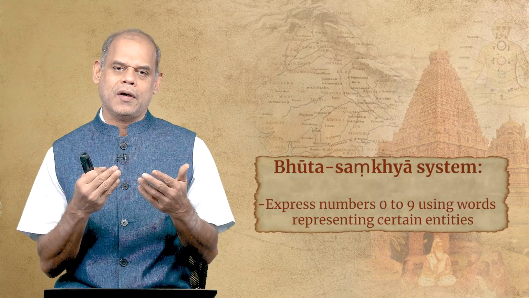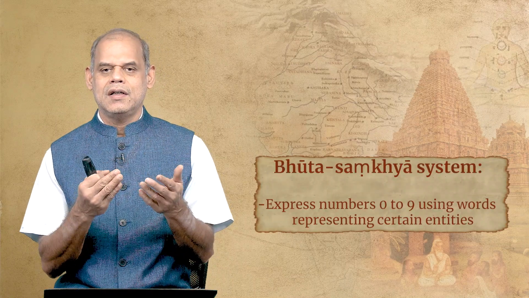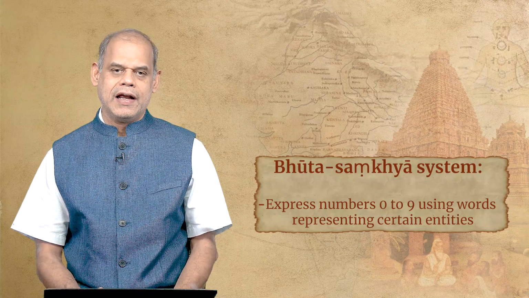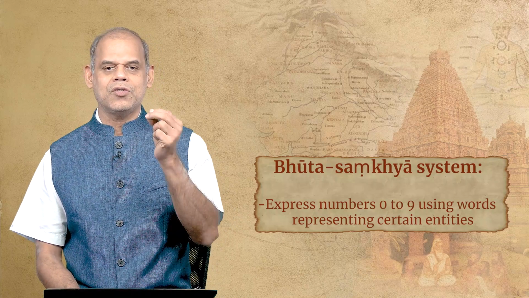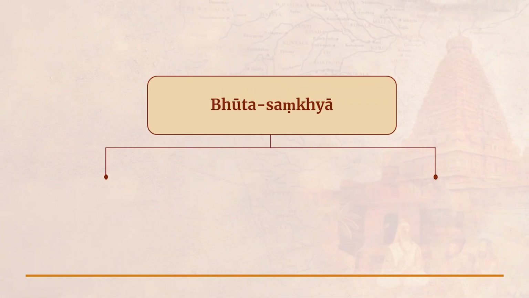So what Bhūta-Saṃkhyā does is to have a mechanism by which each of these numbers from 0 to 9 can be represented using words which represent certain entities. As we see, there are two parts to this compound word Bhūta-Saṃkhyā, Bhuta and Saṃkhyā. So Bhuta denotes some entity, as we all know, and Saṃkhyā is a number.